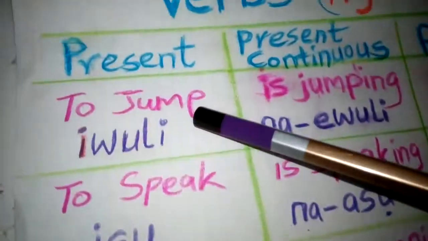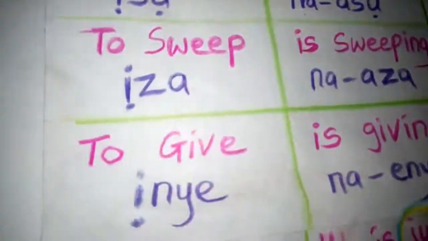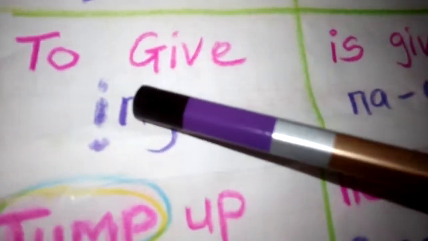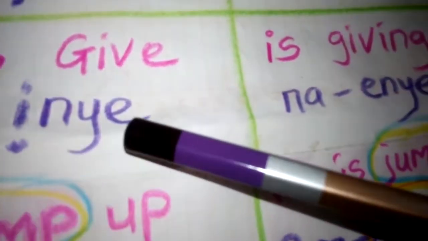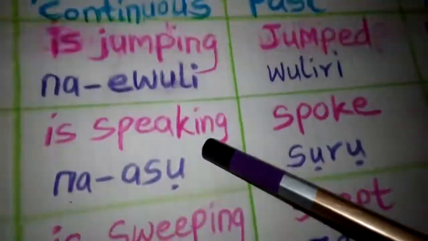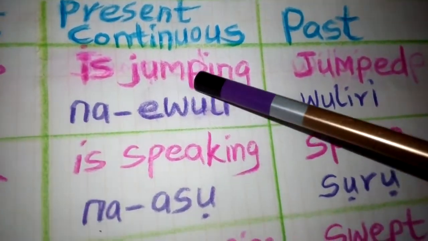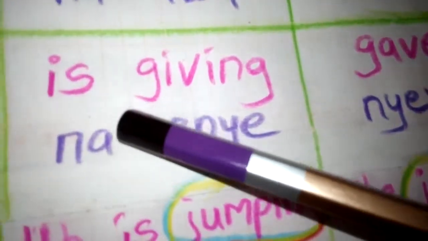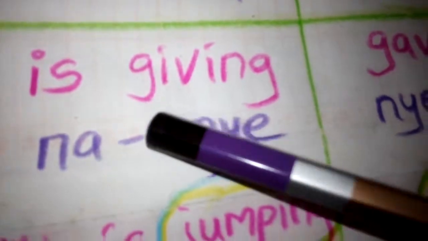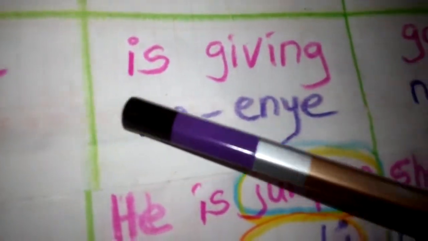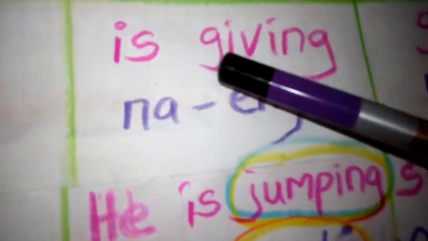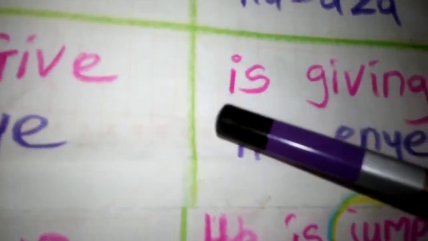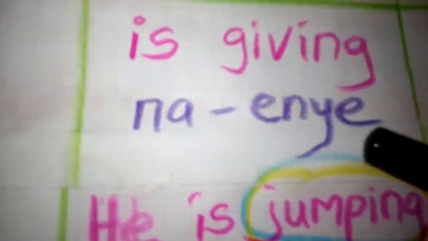So it's all present. So present continuous: David is giving. David na enye is doing it now. Okay, he is giving, na enye.